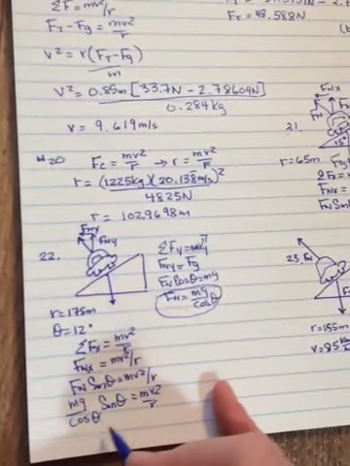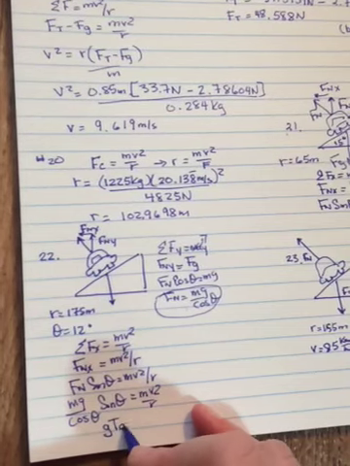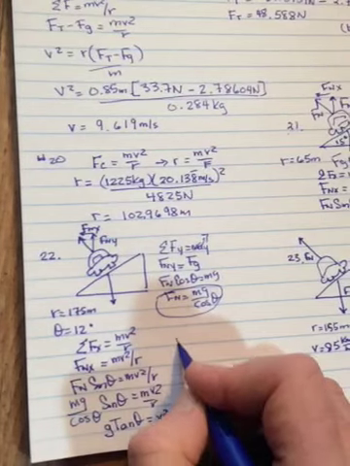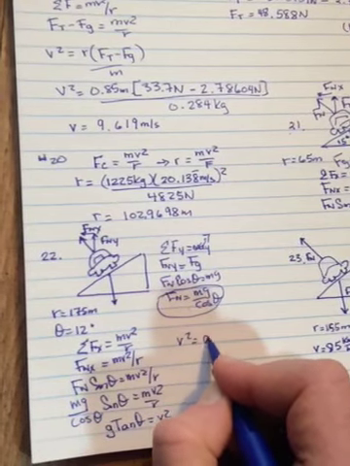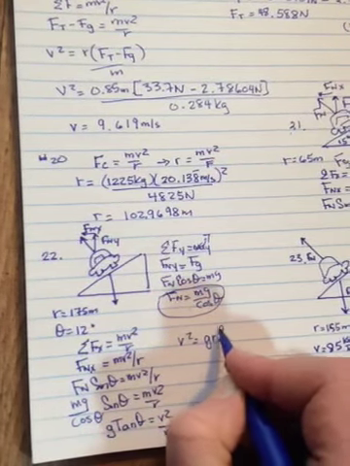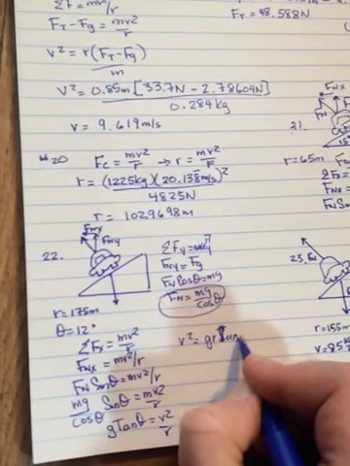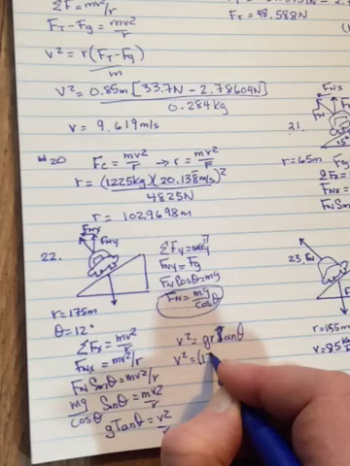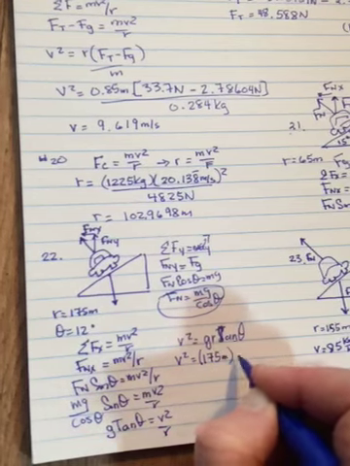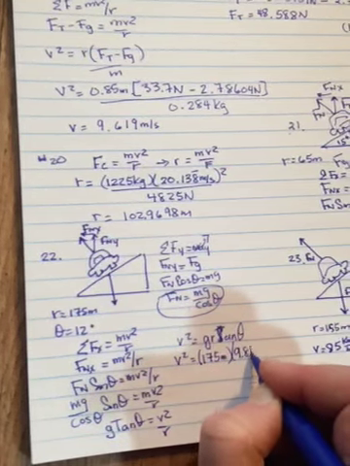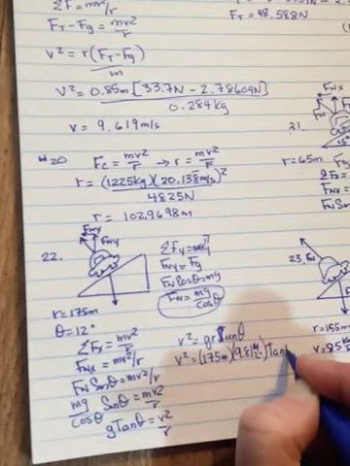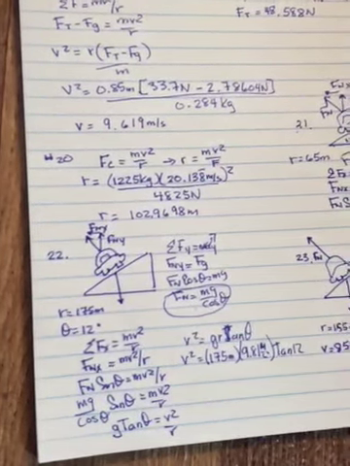Again, the m's cancel, so you have g tan theta is equal to v squared over r, and you're solving for v. So v squared equals g times r, whoops, that's really r times g times tan theta. So v squared is equal to 175 meters, 9.81 meters per second squared, and this time it's the tan of 12.